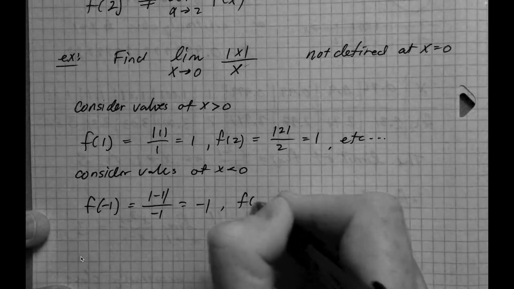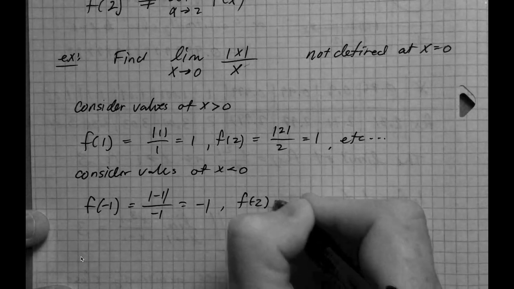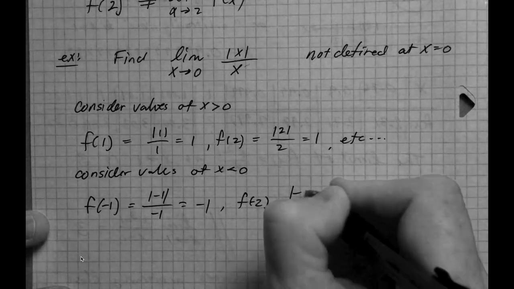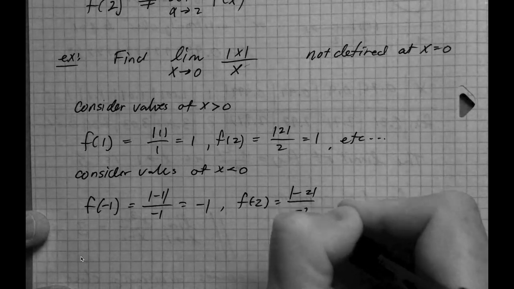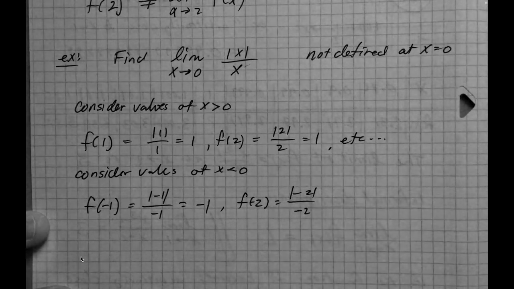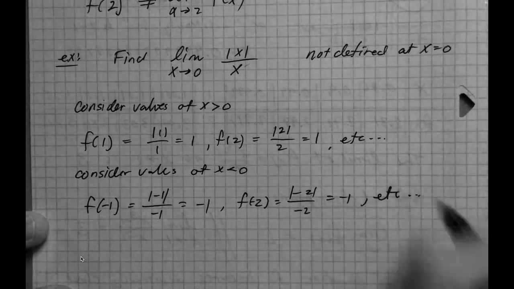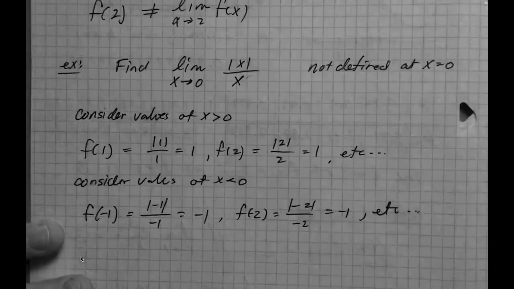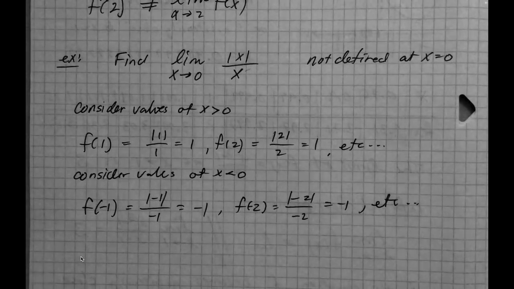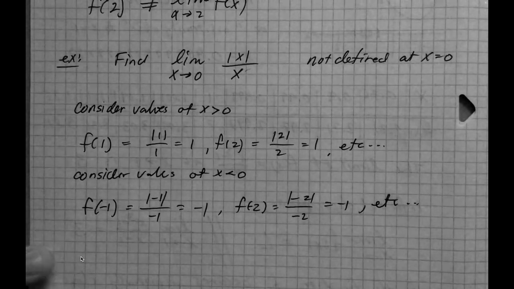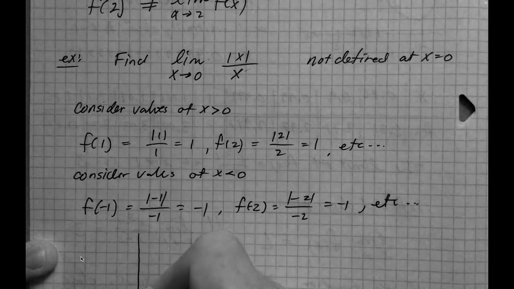And similarly, for all other negative numbers, you would get a positive divided by a negative, same absolute value, so you get -1. So this function has a very simple setup as well. Let's take a look at what it looks like.